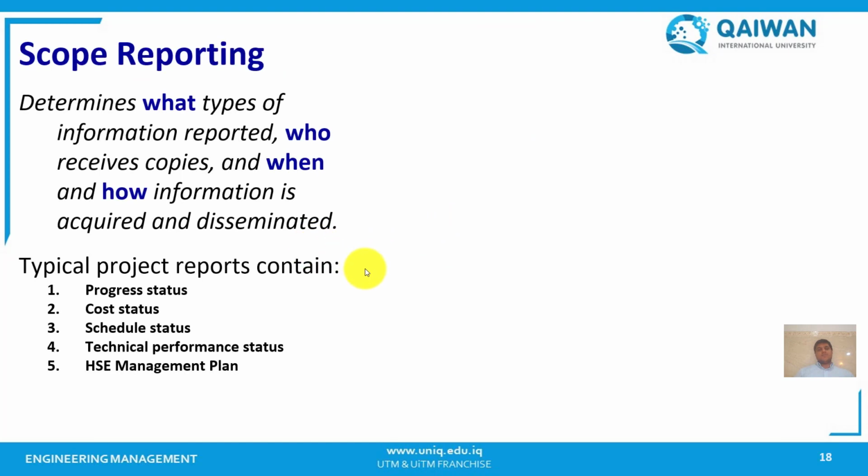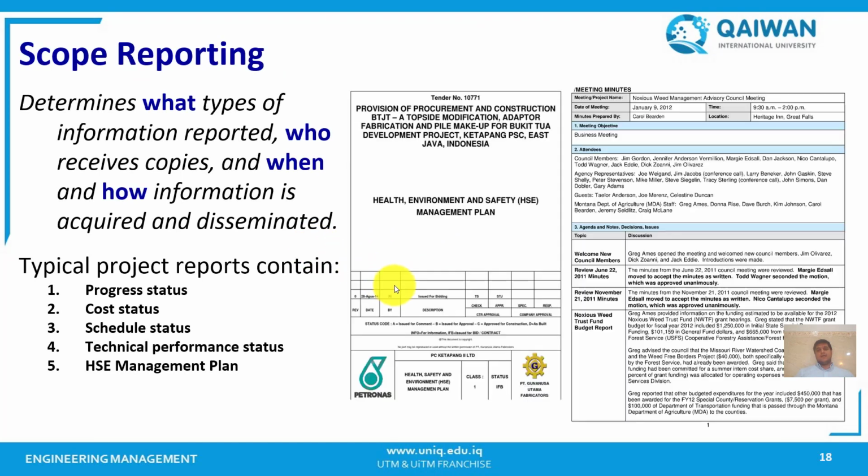Scope reporting is the process of documenting and communicating the progress, changes, and status of the project scope throughout its life cycle.